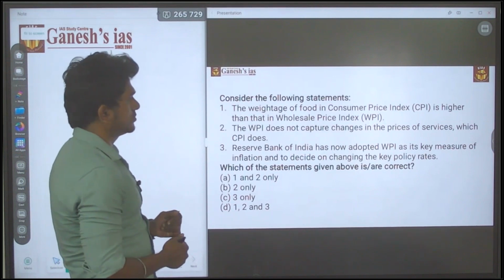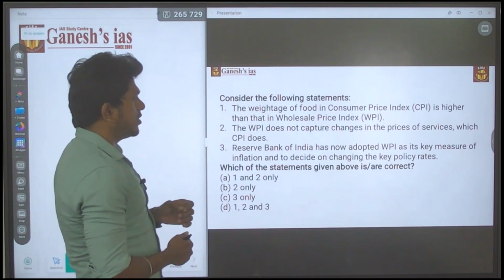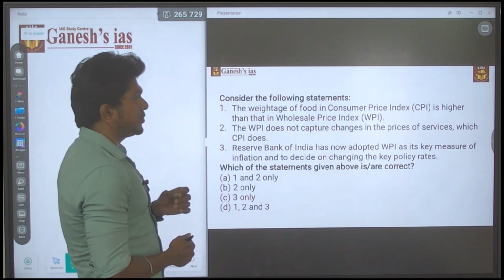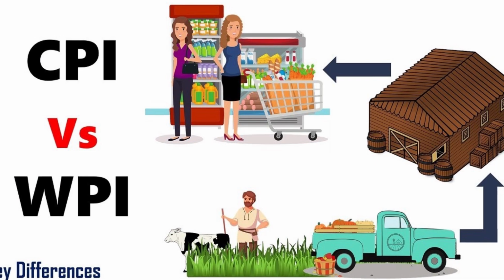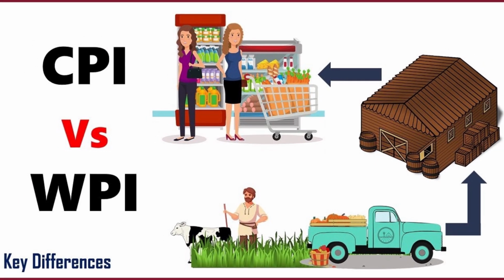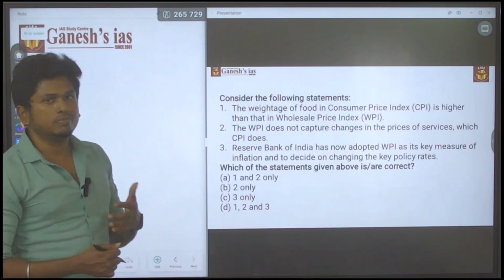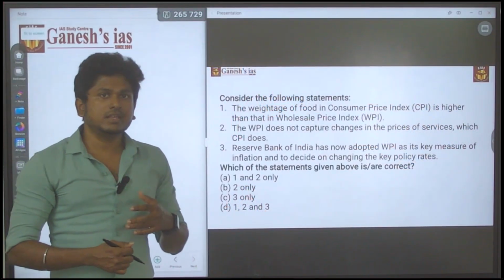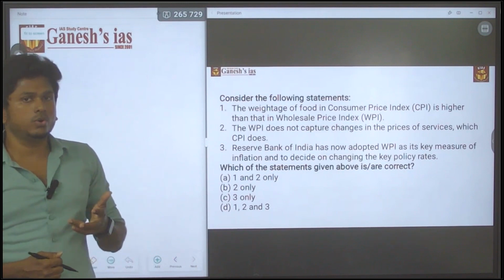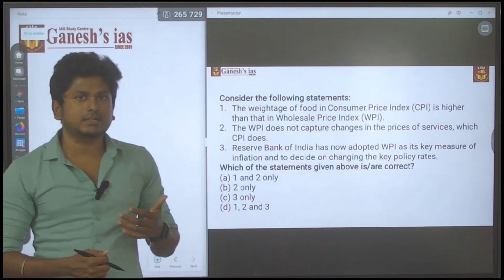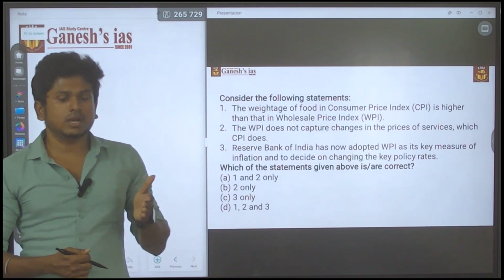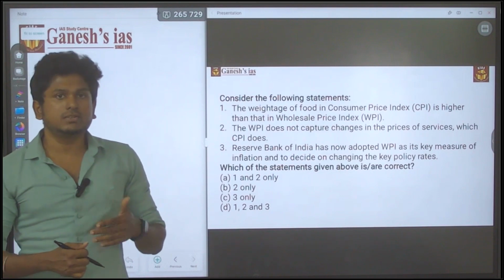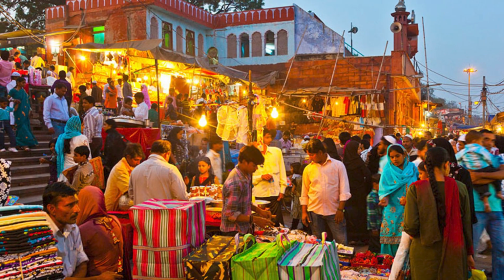Consider the following statements. The weightage of food in the consumer price index is higher than in the wholesale price index. Yes, it's obviously true, because even if you don't know the weightages, you can easily answer it, because the consumer price index is all about the spending of the consumers.